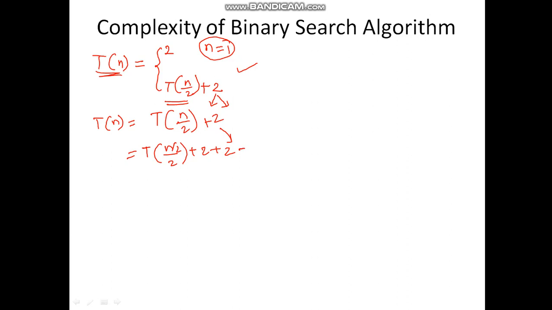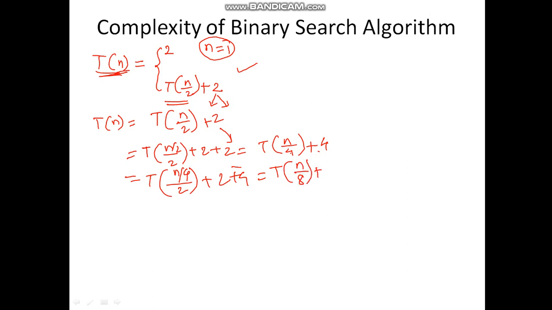And I can rewrite this as T of n by 4 plus 4. If I move further and put n is equal to n by 4 in this equation, what I get is T of n by 4 divided by 2 plus 2, and the previous 4 as it is. So what we get is T of n by 8 plus 6.